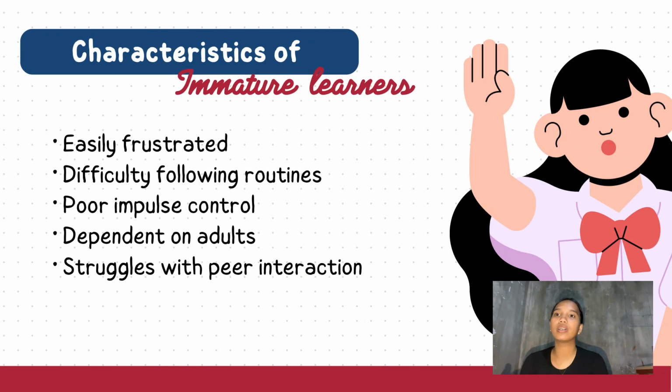So, immature learners may get frustrated easily, they have difficulty following routines, at madalas impulsive or overly dependent sila sa adults. So, they may also struggle with making friends or understanding social cues. So, ang example neto, a grade 2 student cries every time he loses in a game and refuses to share materials with his classmates.